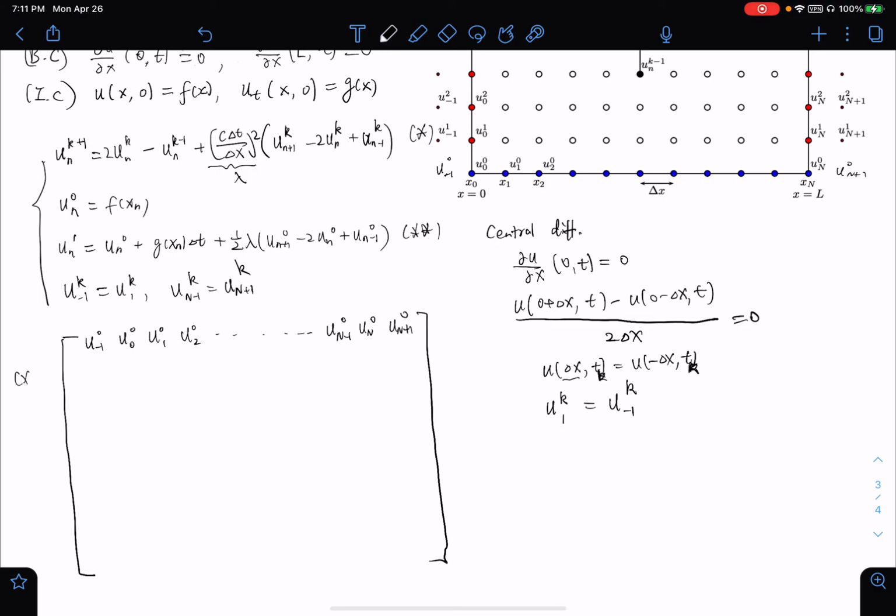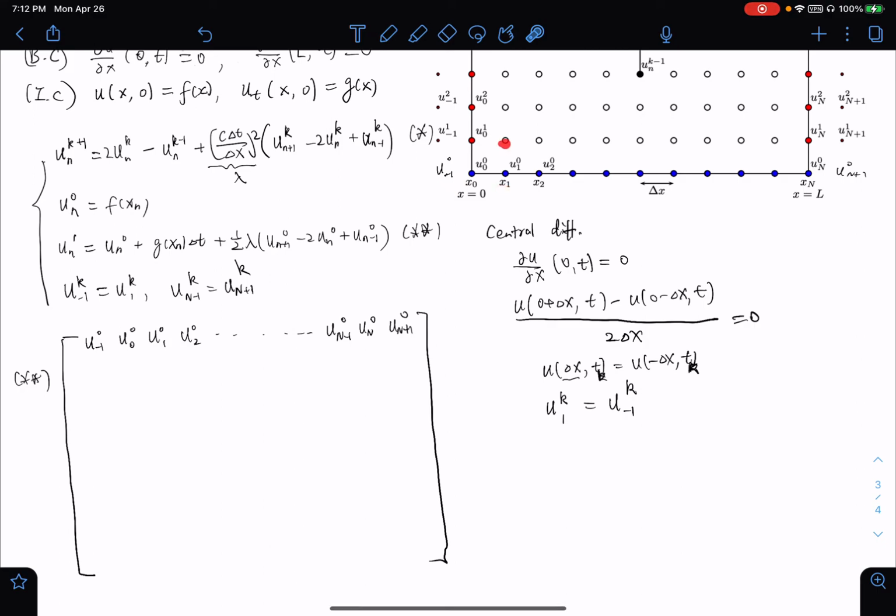So we can use star star to generate all the values from here to here. In particular, this value can be determined by three values as discussed here. So u_n is only related to the locations n, n plus 1, n minus 1. So here is n minus 1, here is n plus 1.